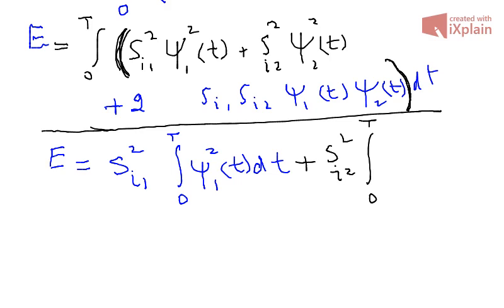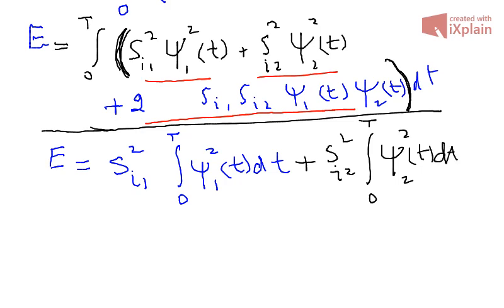These are the terms a squared plus b squared plus 2 times ab. Now from the second one, s_i2 squared, and I can say psi2 squared of t dt. This is the second one.